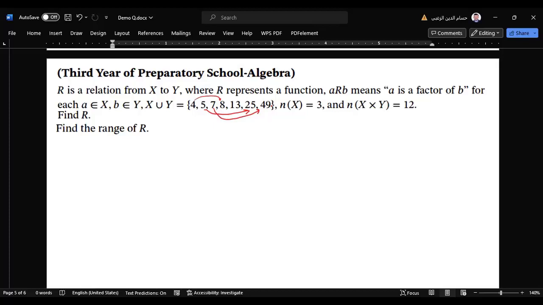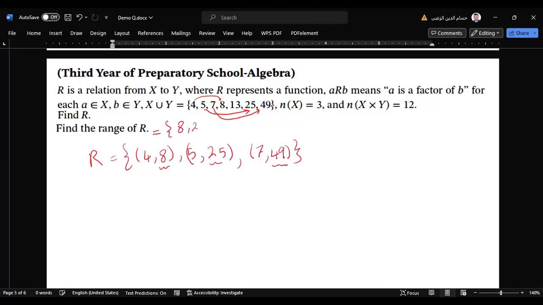So the relation, find R. Here R equals {(4, 8), (5, 25), (7, 49)}. So that's R. And he also asked me about the range. The range is the set of the images, which is {8, 25, 49}.